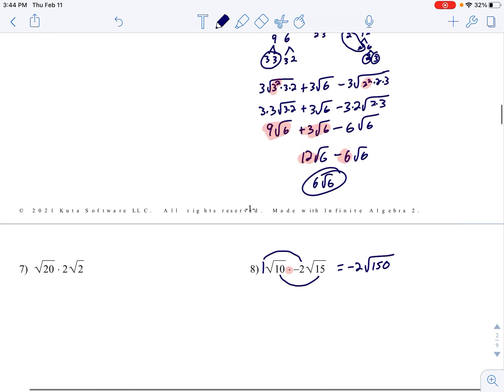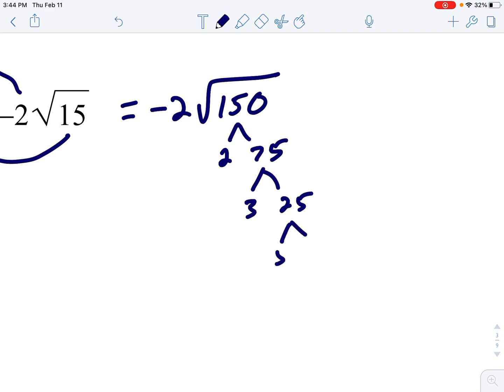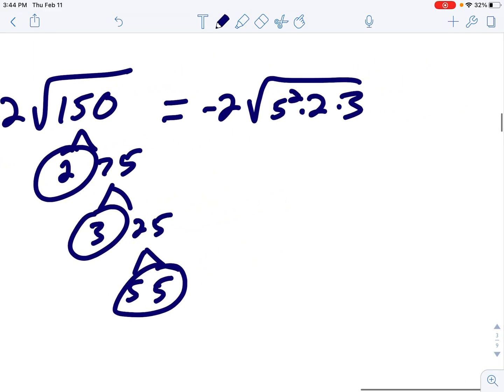Because this can simplify. 150, 2 times 75. 75, what's that? 3 times 25. 25, 5 times 5. We got a pair of 5s there. So it's negative 2, 5 squared, and then a 2, and then a 3. So that becomes negative 2.